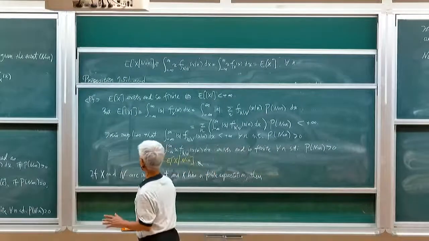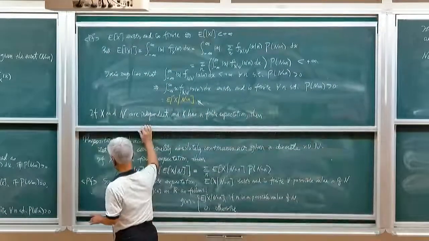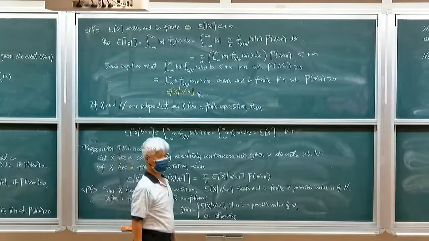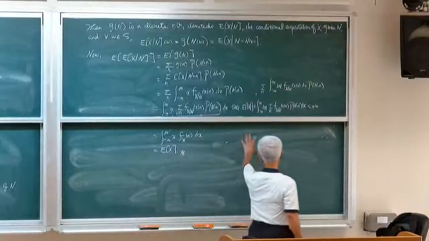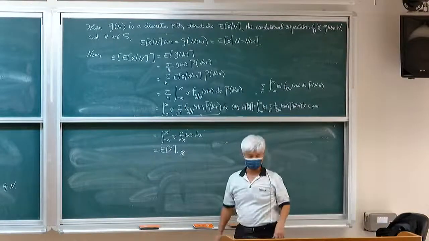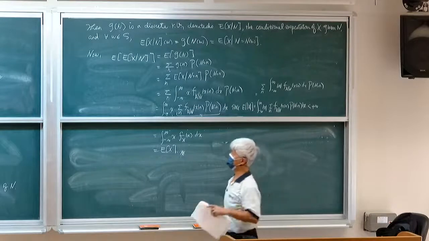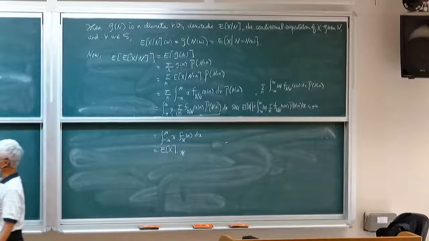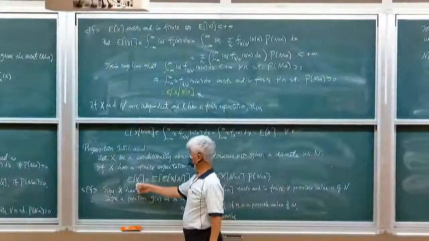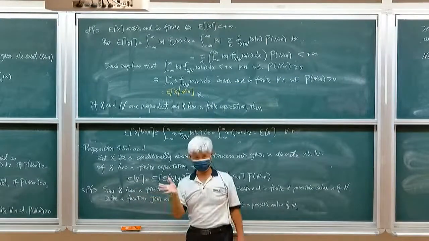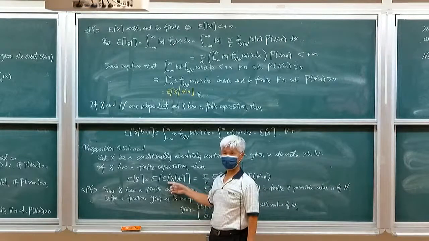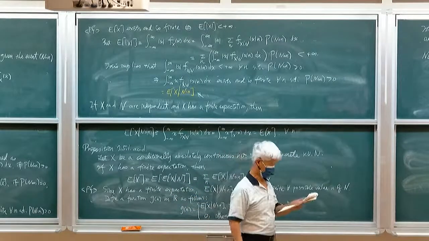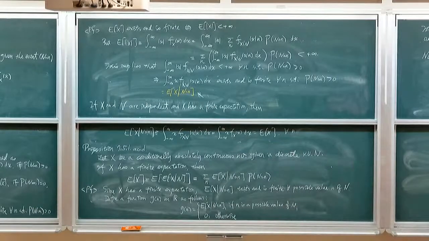Here we assume that X is conditionally absolutely continuous given discrete random variable capital N. In this case, we still have the two-step result, so that we are able to compute the expectation of a random variable X in terms of this formula. Any questions?